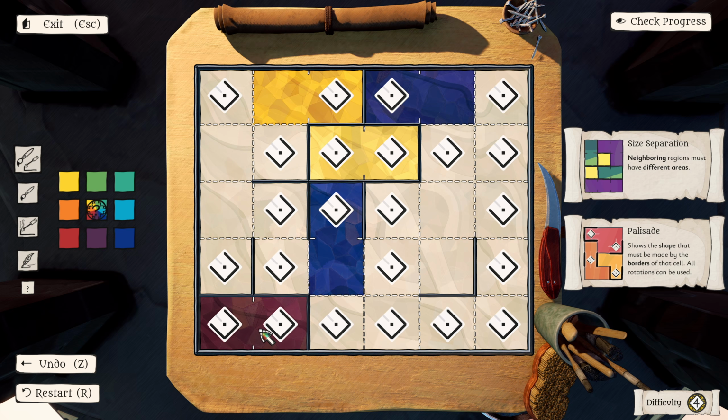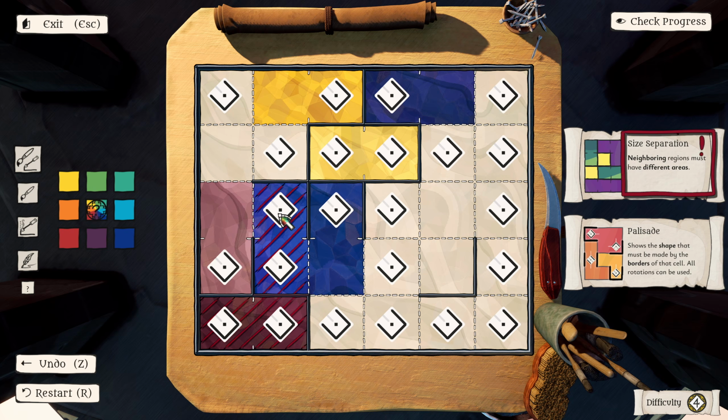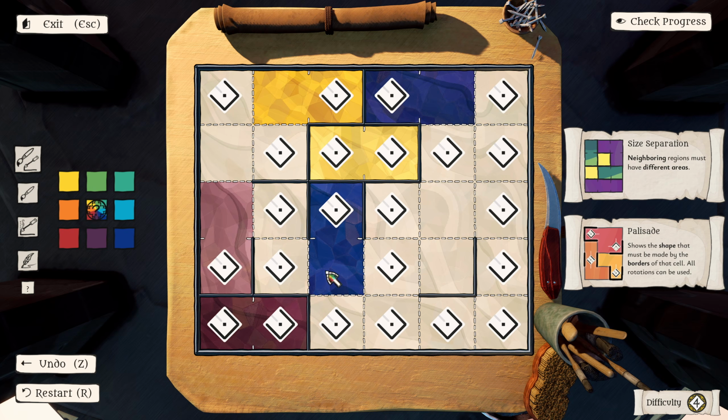So if this is a 2, this has to come up and be bigger than 2. Has to take up some extra space. That means this can't be a domino. So this is taking on that, that's taking on that.